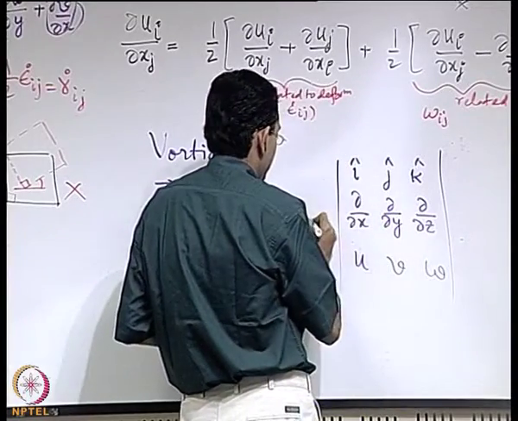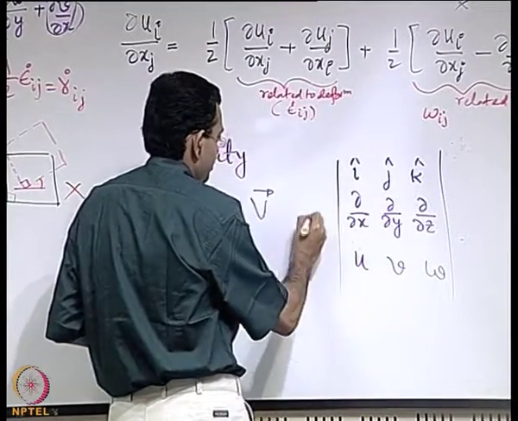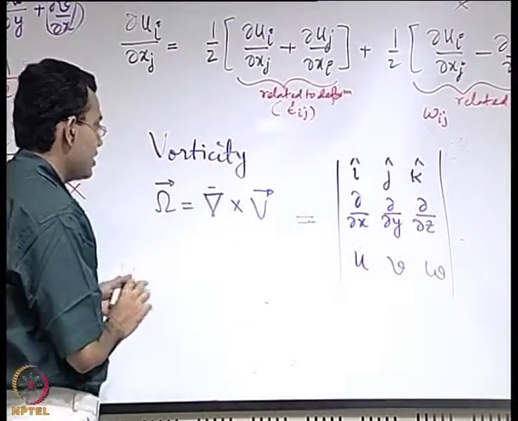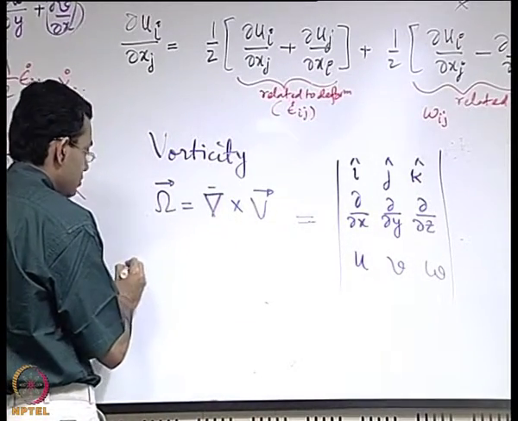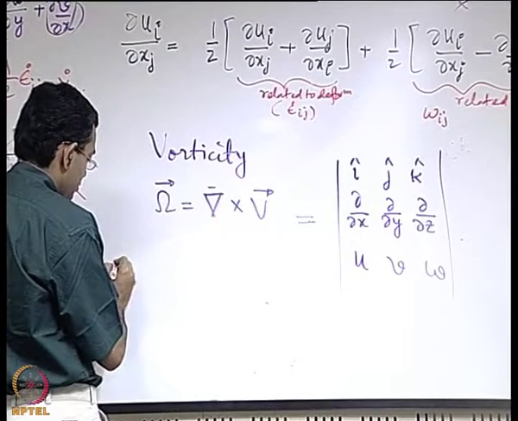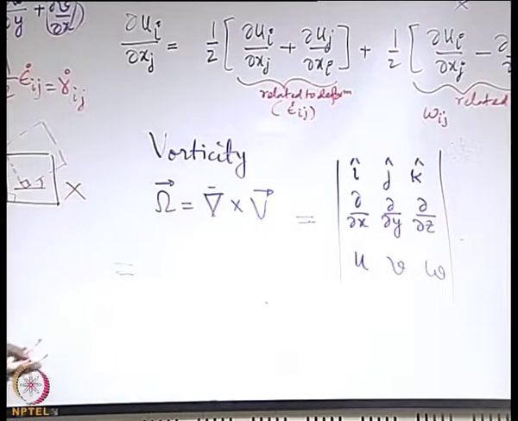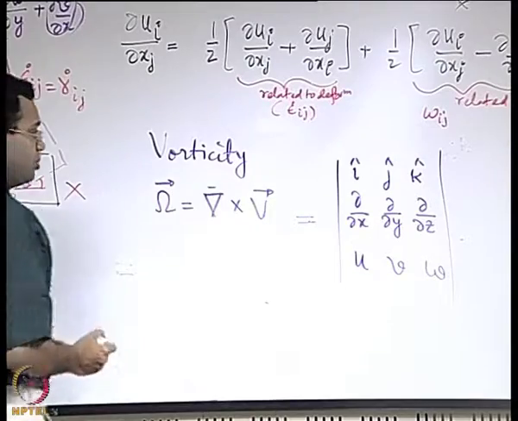That is the vorticity vector. So let us write its components. What are the components?